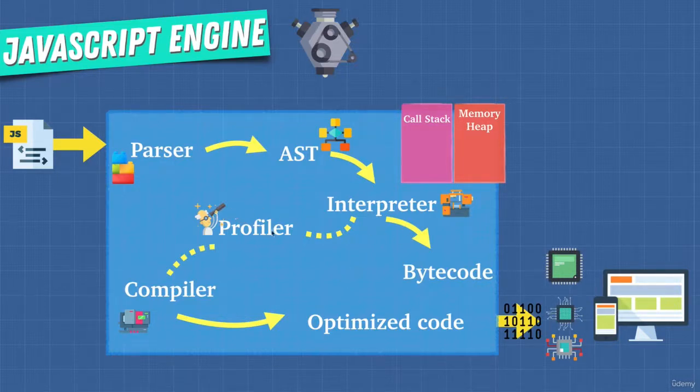And using this profiler as the code is running through our interpreter, which tells our browser what to do, if the same lines of code are run a few times, we actually pass off some of this code to the compiler, or a JIT compiler, or just-in-time compiler.